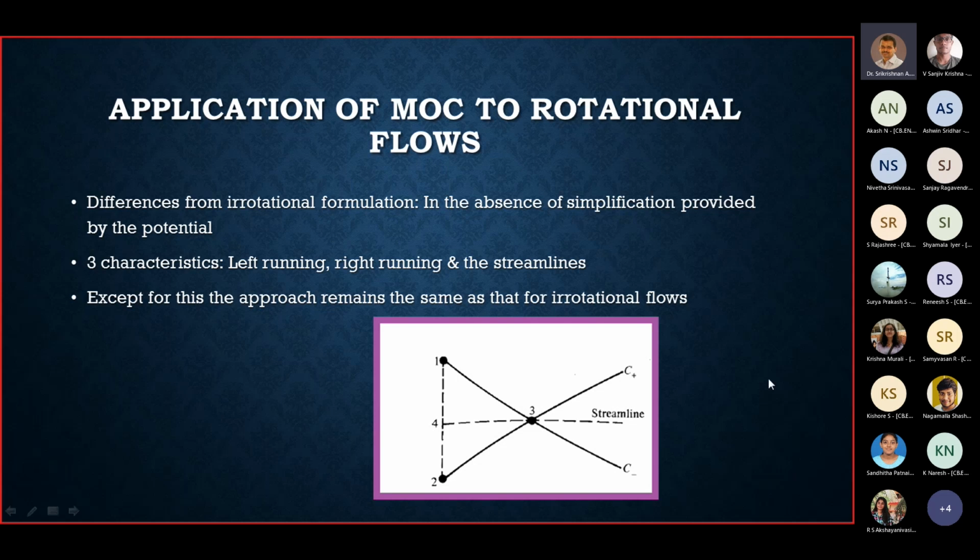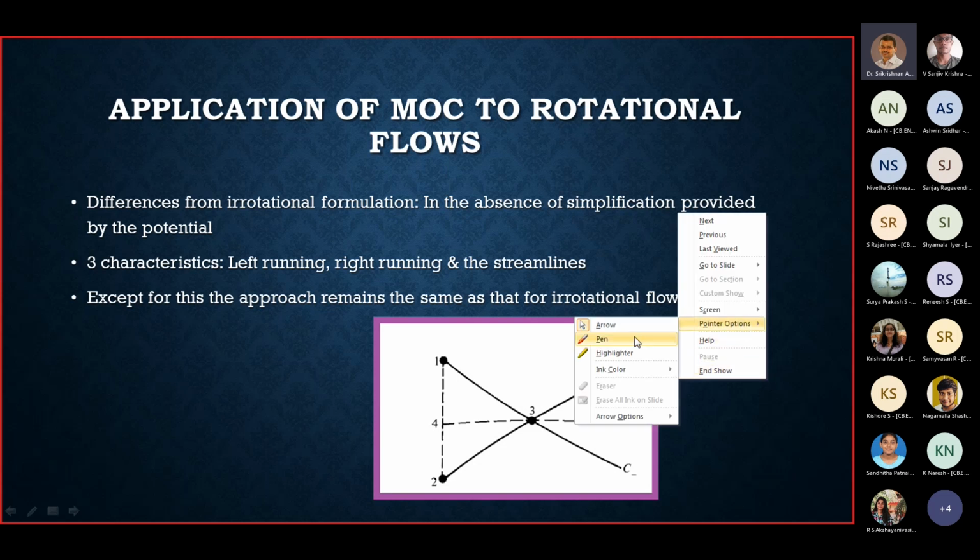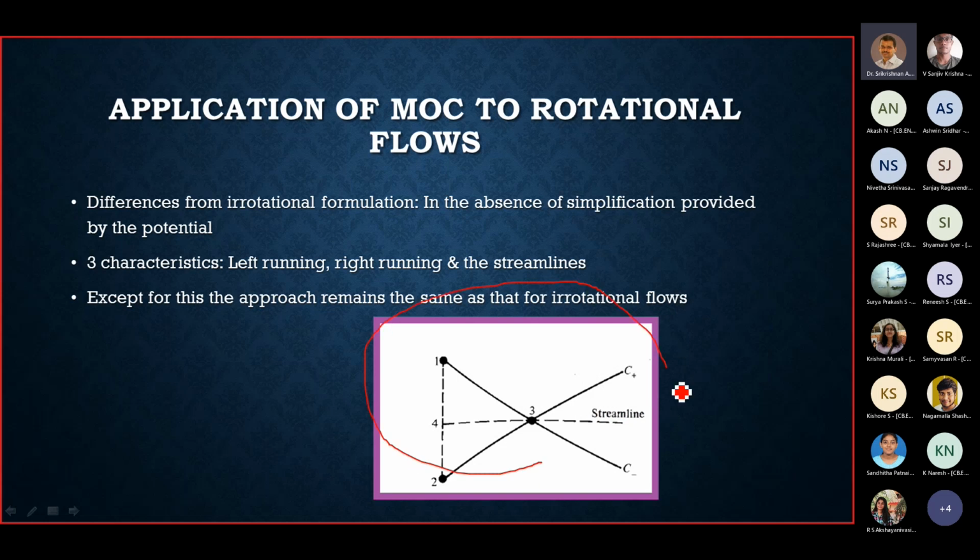As shown here, you will have a corresponding increase in the number of equations. At any given point, you have the two characteristic lines intersecting. And please remember, when you have irrotationality, the flow can be mapped into a kind of net, a two-dimensional net, if it's a two-dimensional flow field.